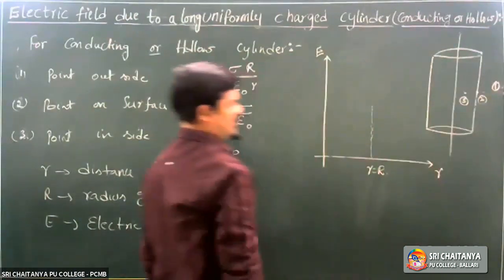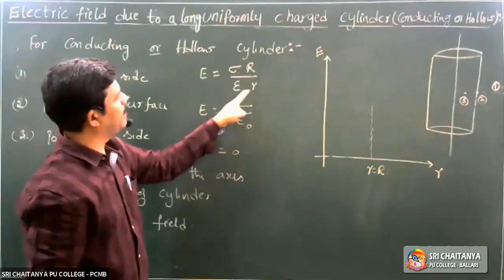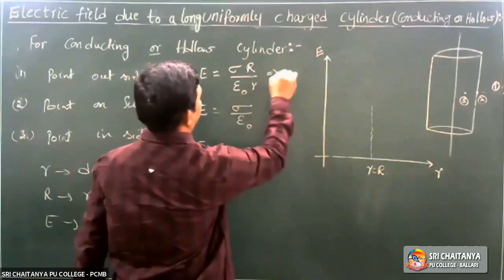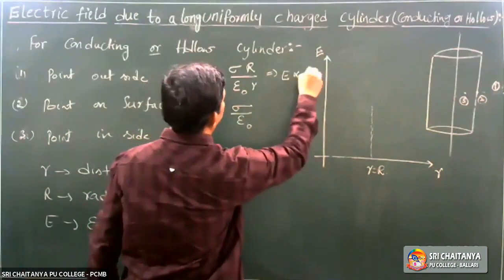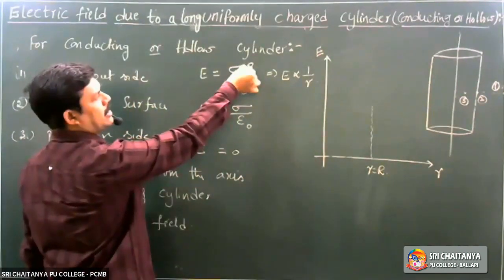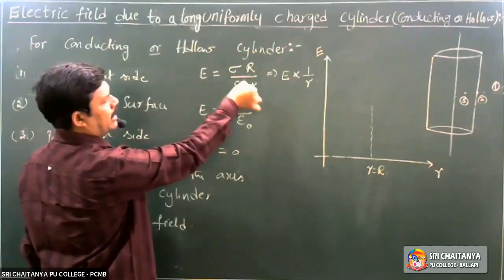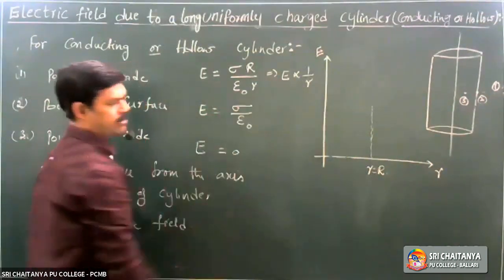From the surface, outside points start. Outside, you see sigma R by epsilon naught r. Can I write like this? E is inversely proportional to r because sigma, R and epsilon naught are constants.